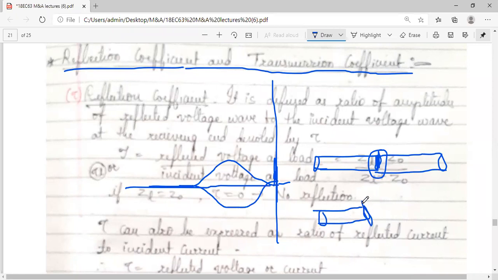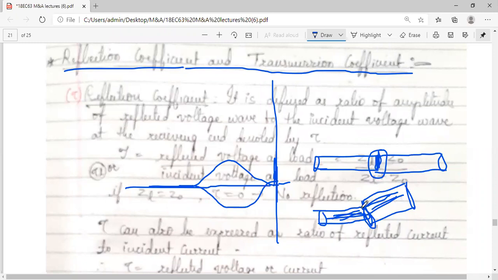Suppose you take one bigger pipe here. What will happen? Whatever water is getting supplied here, when it enters this zone, no doubt some part will enter here. As there is a mismatch, you can see the sizes of the two pipes. The mouths are not perfectly matching.